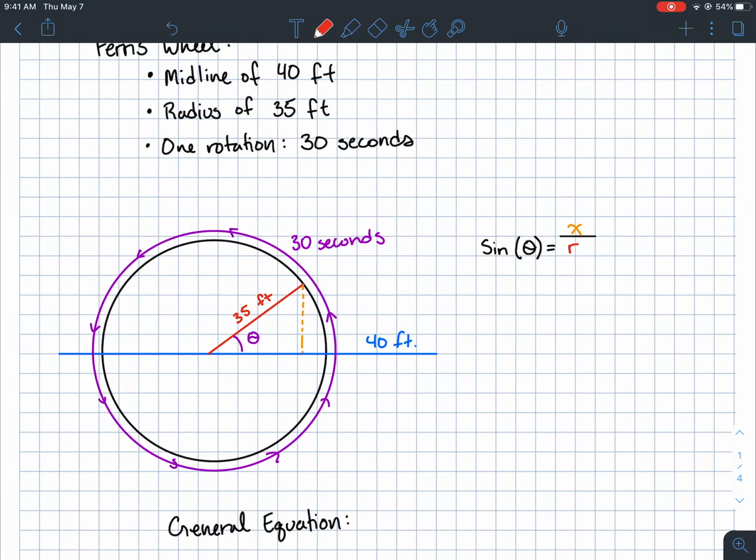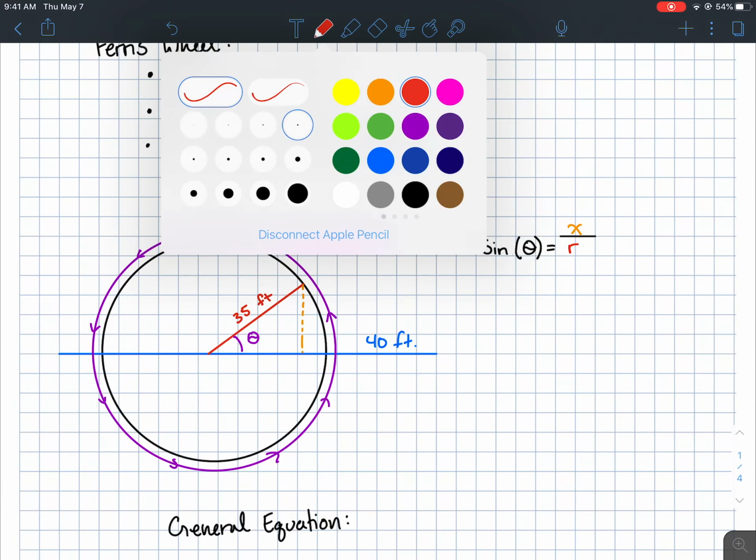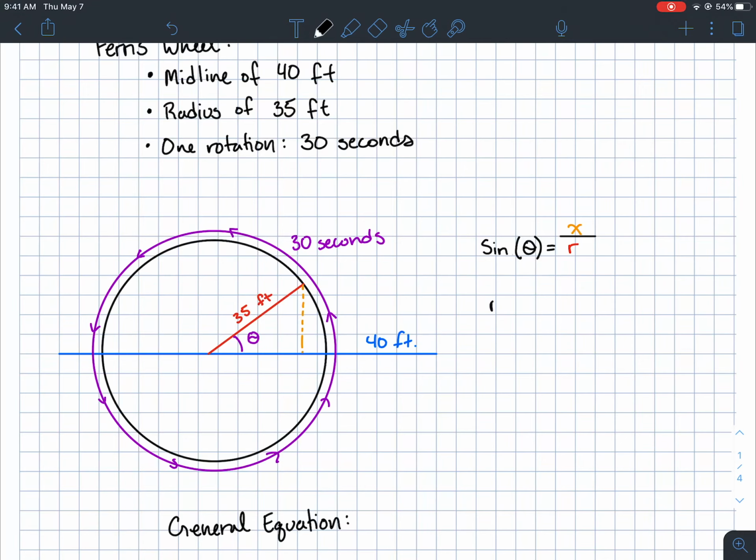The key thing here is that in order to get x by itself, we have to multiply sine by r. So we get r times sine of theta is equal to x. And that's going to give us how tall something is.